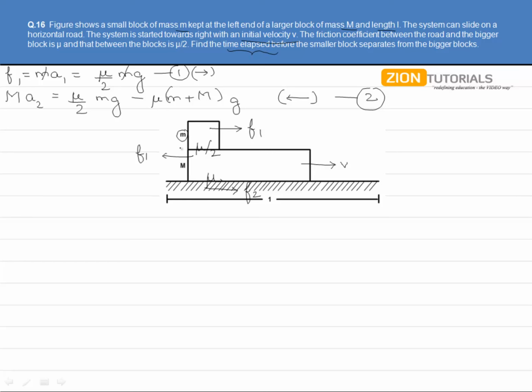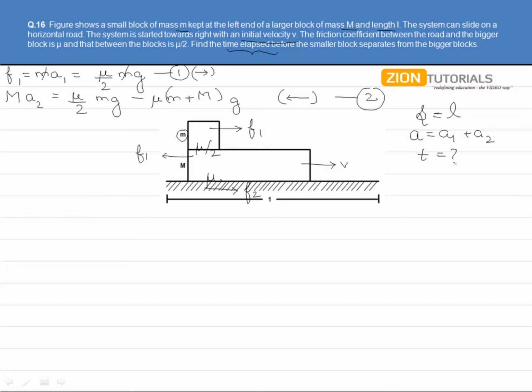Also, let us solve this concept of covering the length L with the relative concept. So we have a relative displacement of length L because block 1 covers L distance with respect to the capital M block. The relative acceleration will be A1 plus A2 because both are in opposite directions.